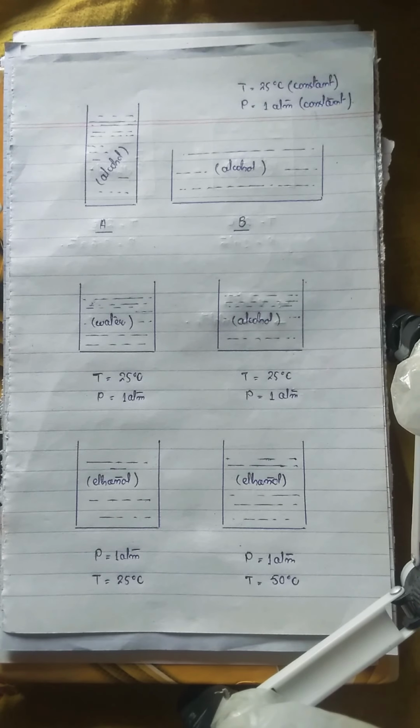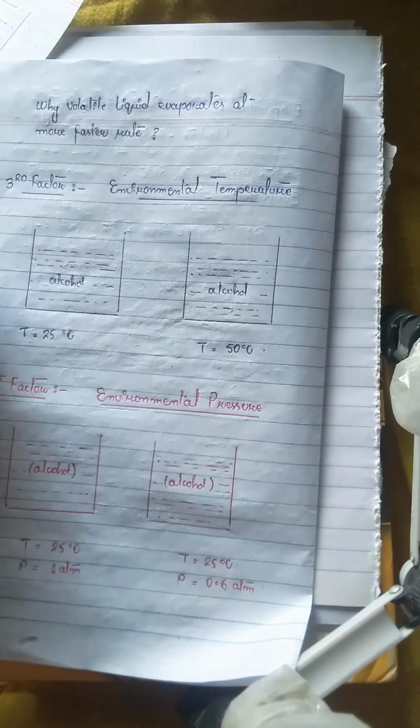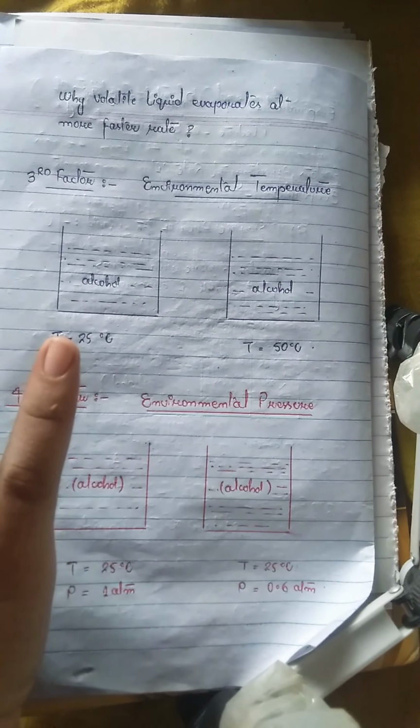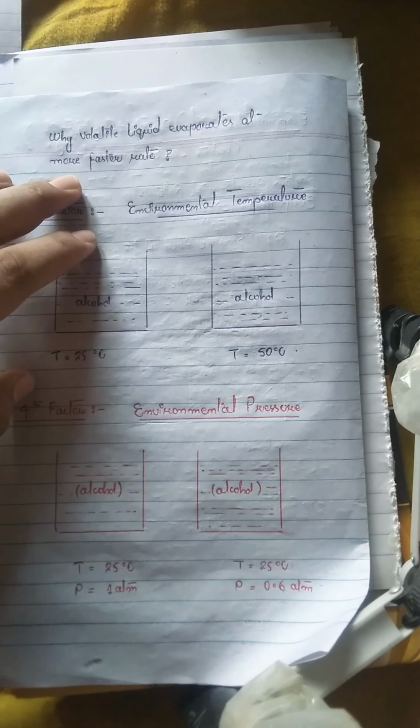And the liquid can be of two types. It may be a volatile liquid or a non-volatile liquid. Before moving to the third factor, here is the reason why volatile liquids evaporate at a faster rate.